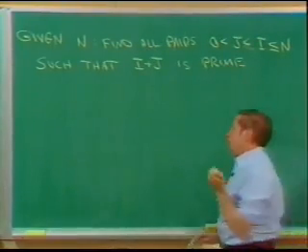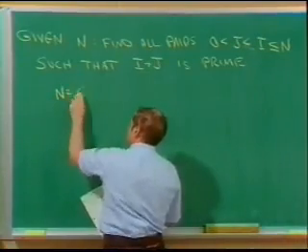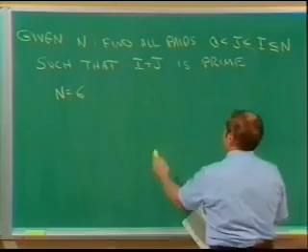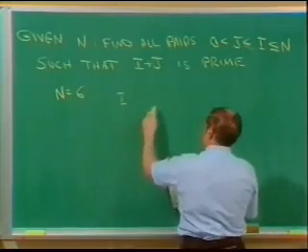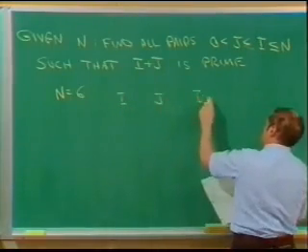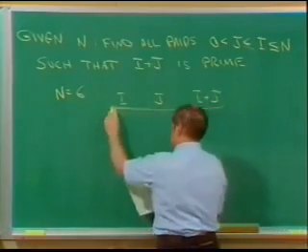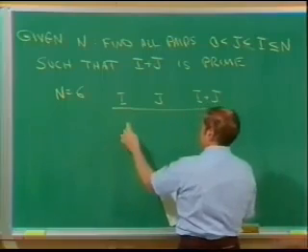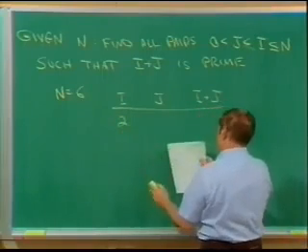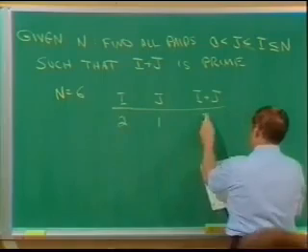So for example, if n equals 6, let's make a little table here. i and j and i plus j. So for, say, i equals 2 and j equals 1, I'd get 3.